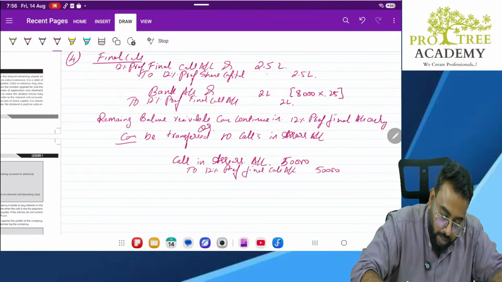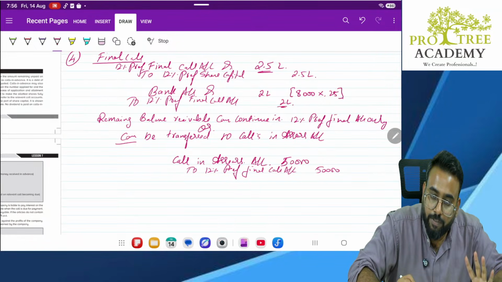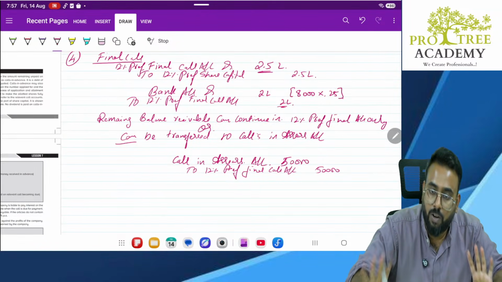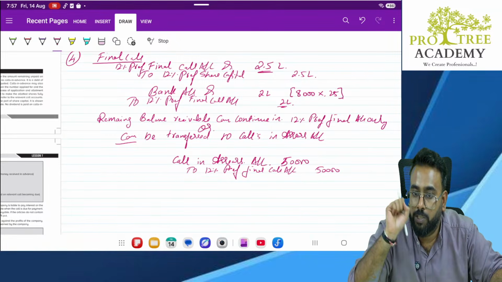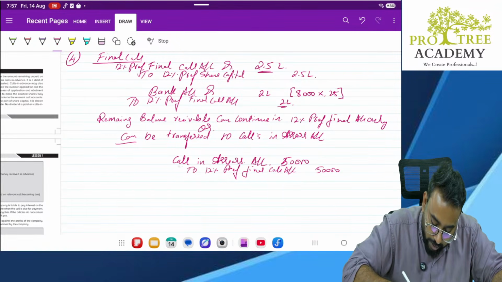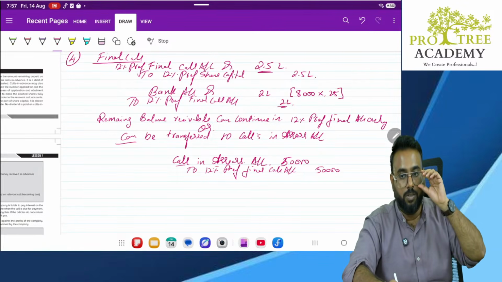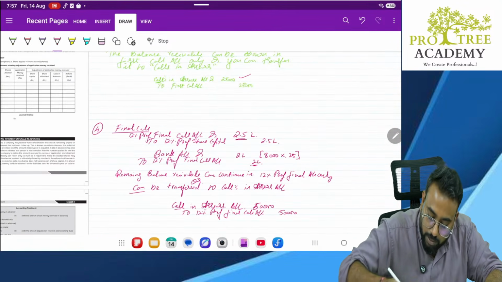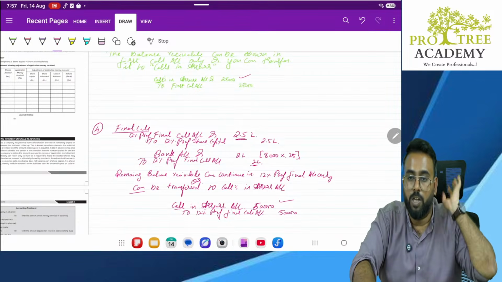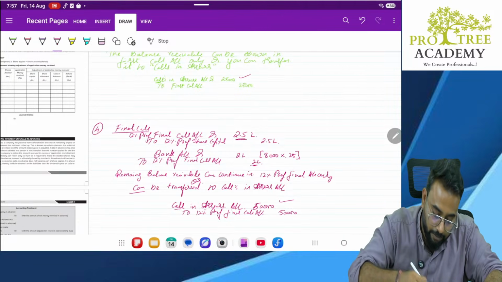So here what happened? 2.5 lakh was debited, 2 lakhs were credited. The remaining 50,000 can continue in that account only. Or if you don't want to continue that account and you want to show clearly that this money has not been paid to us, you can show it in calls in arrears, 50,000. Now what will be the total of calls in arrears? Here 25,000, here 50,000. The total calls in arrears balance will be 75,000.